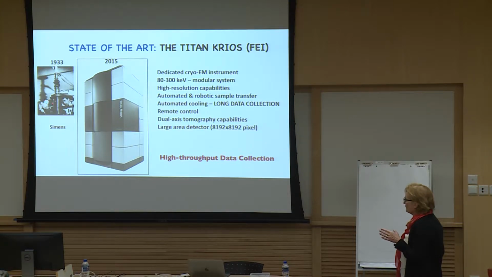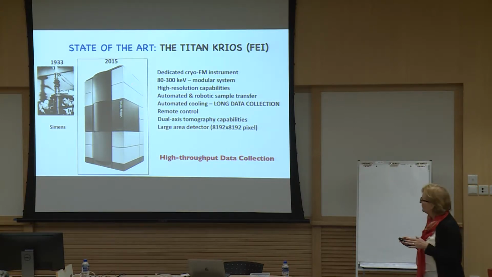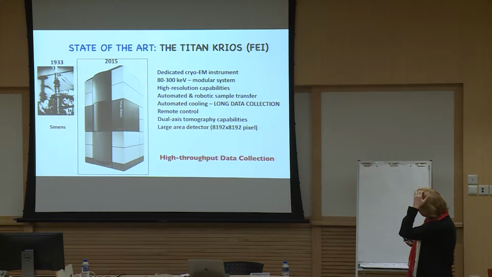I don't know if people use microscopy here, but one of the pains was that the filament would go all the time because the vacuum wasn't good enough. But now the new scopes are very well cooled, and very stable, so we can do long data collection. And we can do it remotely. It's all computerized. And it also has dual axis tomography capability.